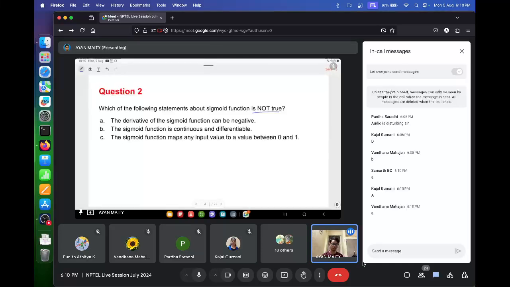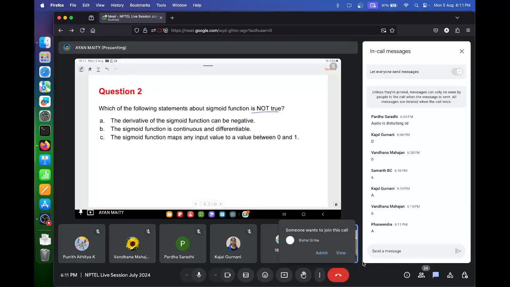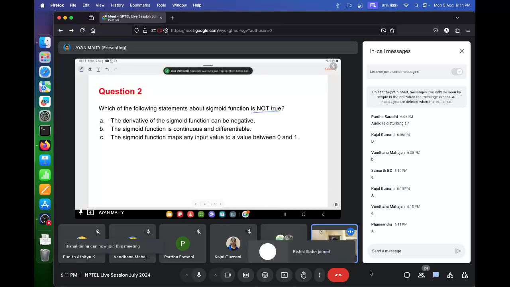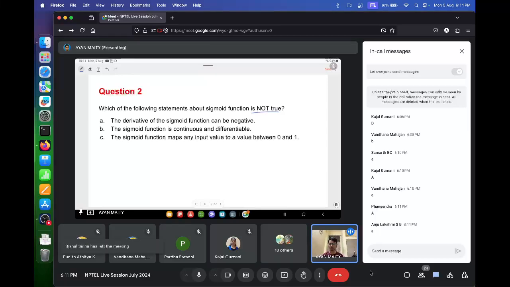Samarth says option A, Kajal says option A, Vandana says option A. Okay. Anyone else? Phanindra says option A. Anju Lakshmi says option A. Okay.